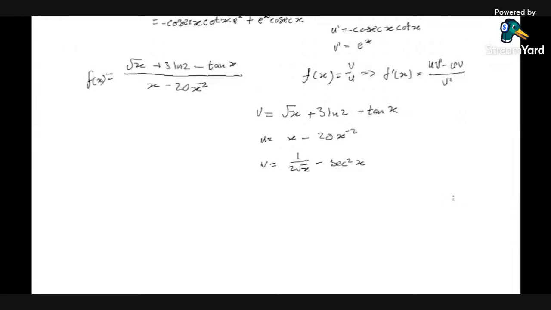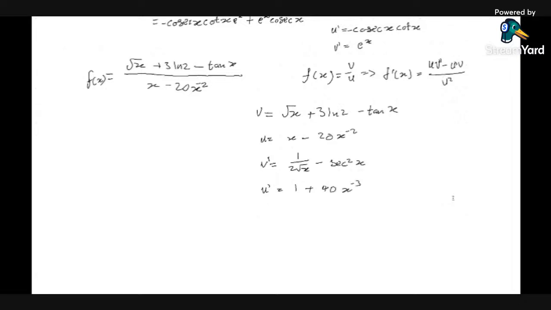So the numerator is basically equal to v, so this is v prime. I'm getting the derivative of the numerator. So this is a constant, and since it's a constant, it just falls away. Then I just skip to tan, and the derivative of tan is sec squared. And then I have u prime. The derivative of that one is 1 plus 40 x to the power of -3. So then you're done with that one.